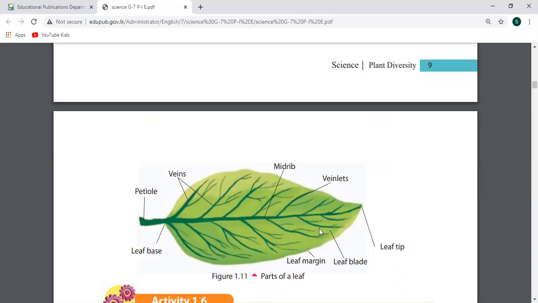This is a blade kind of thing, so it is called the leaf blade. This is the margin of the leaf, known as the leaf margin. This is like a base, so it is called the leaf base. And this is the petiole. So these are veins.